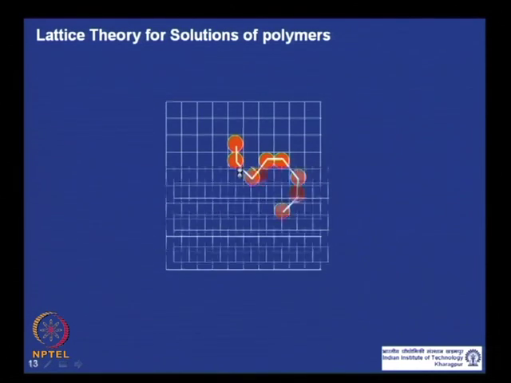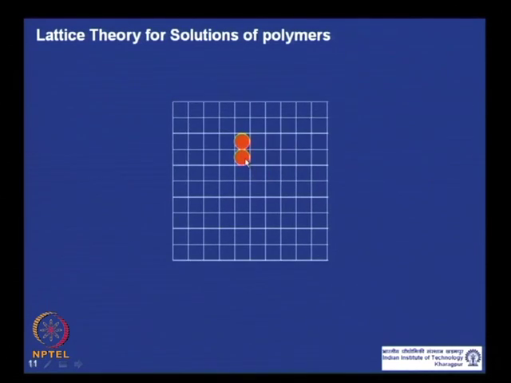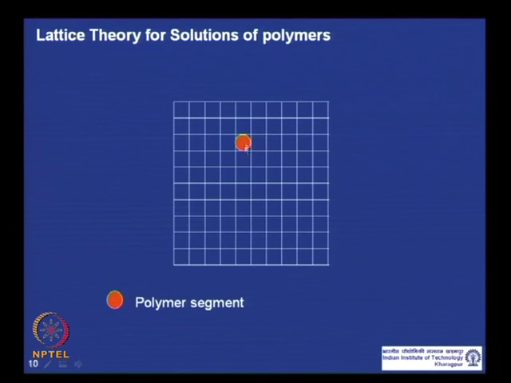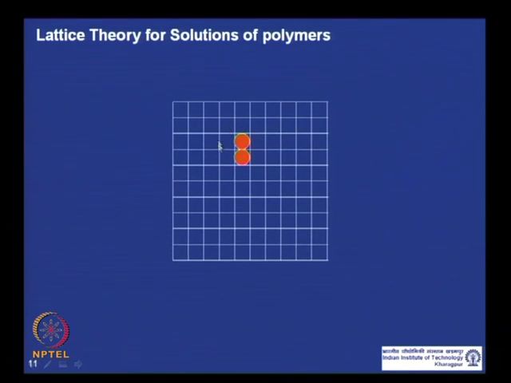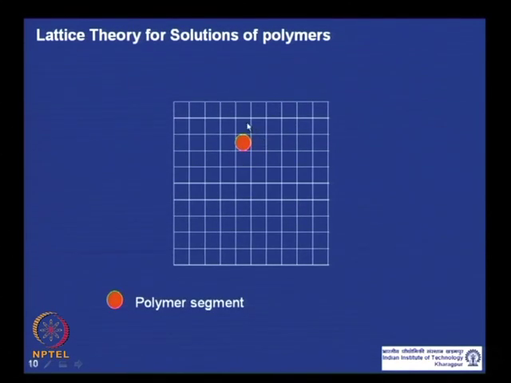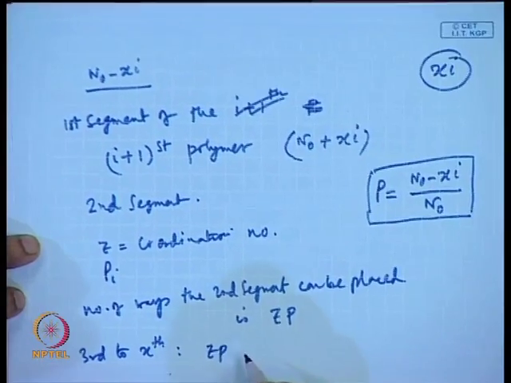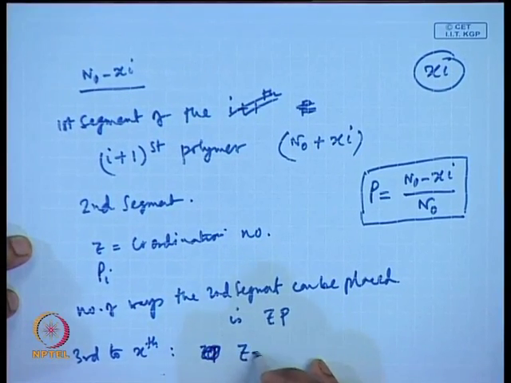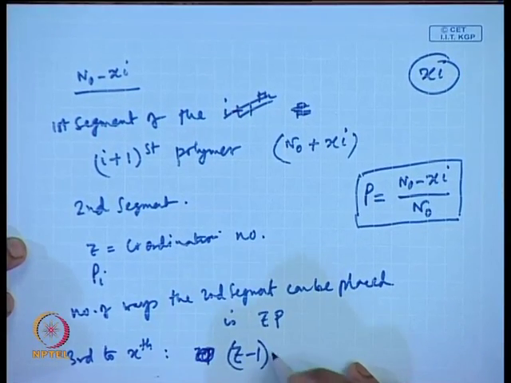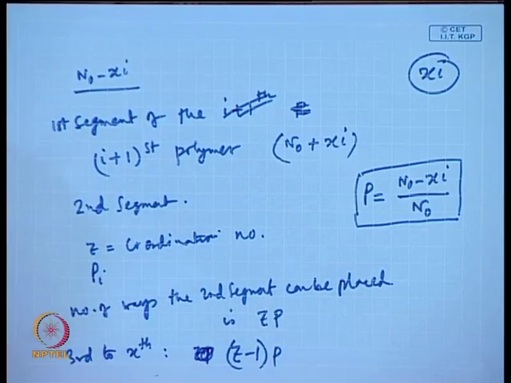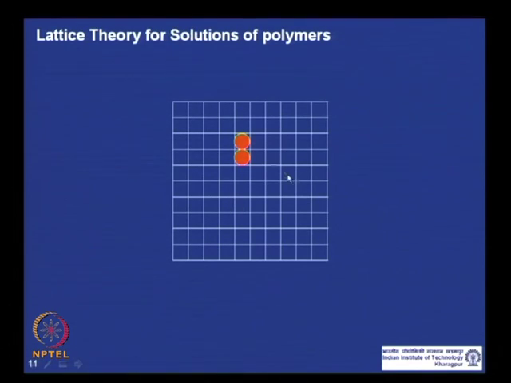What I just missed here is that the second segment can be placed in any of the Z coordination number positions, but for the third one, one of the Z is already blocked. So, from the third to the last it will be Z minus 1, because one of the neighbors is already blocked.